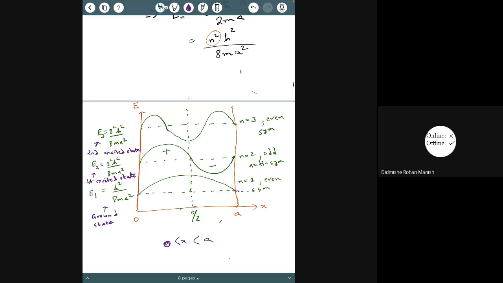We don't have an equation for psi outside in this particular problem, because we didn't solve the Schrodinger equation for V equal to infinity. Because we can't do it. The energy of the particle outside this box is basically infinity, if you want to think about it like that. So it doesn't really exist there.